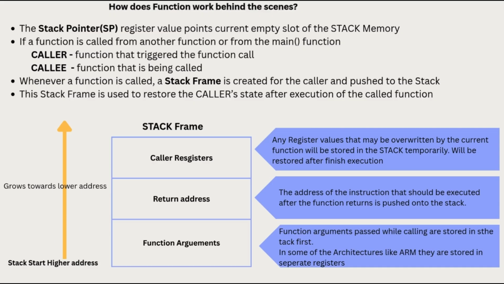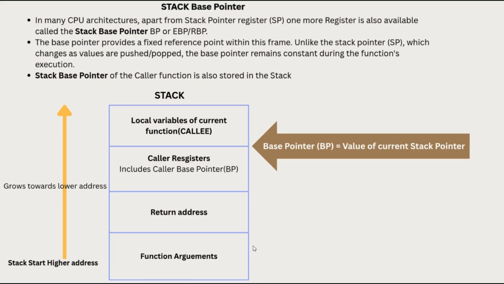Now, in the CPU, besides the stack pointer, you have one more pointer, the stack base pointer, which is a reference in your stack frame. It always points to where your local variables of the newly called function start. Why do we need a stack base pointer?